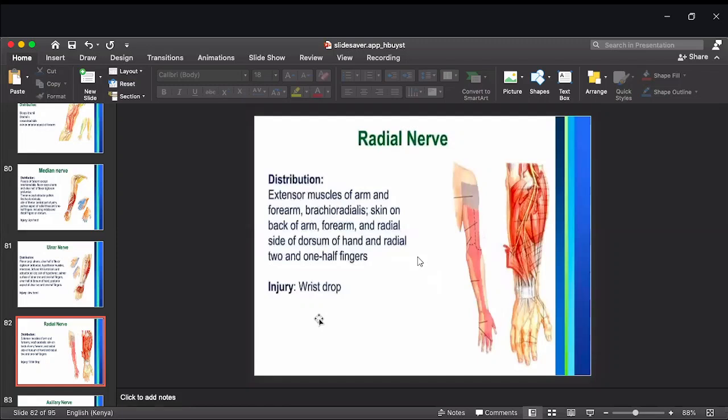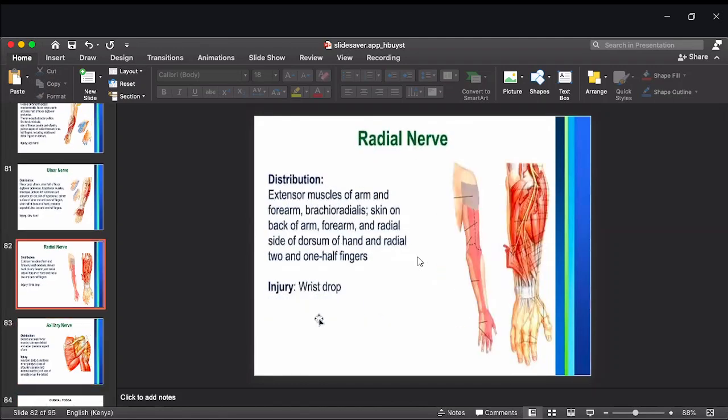It mostly supplies the triceps and the cutaneous part of the skin at the back of the arm and the back of the hand, that is, the dorsum of the hand. Injury will give you wrist drop.